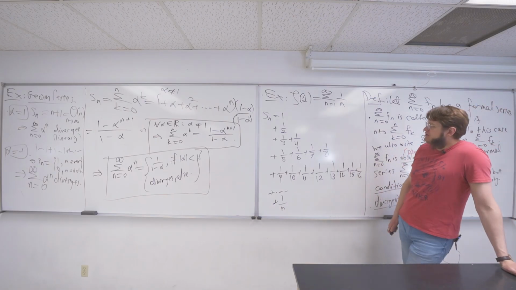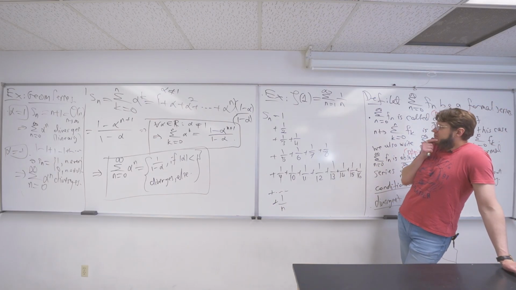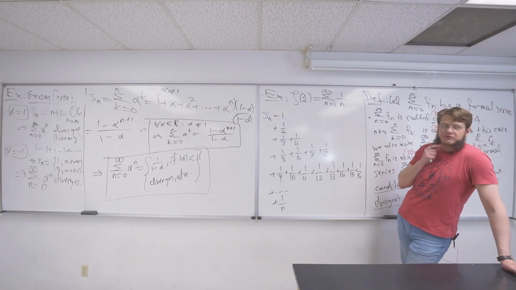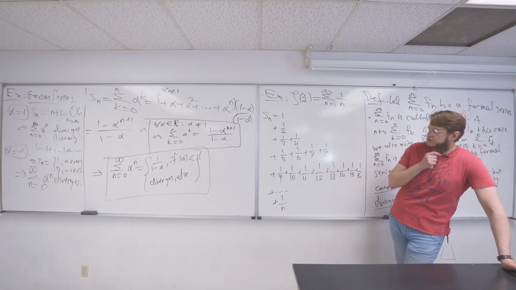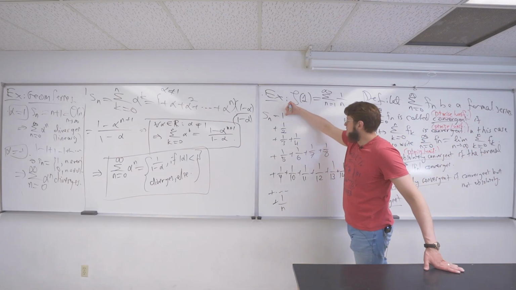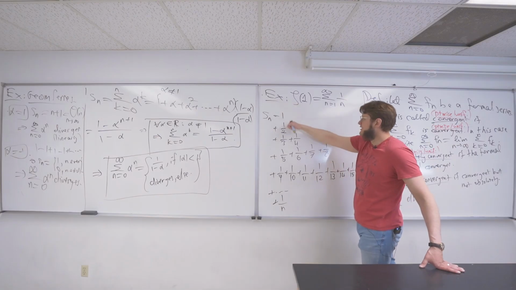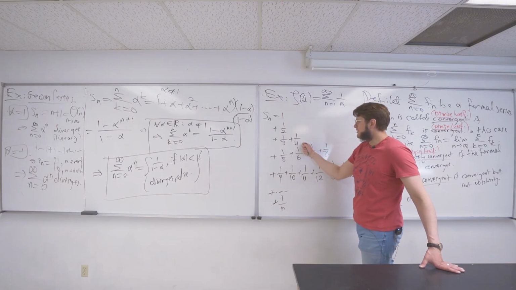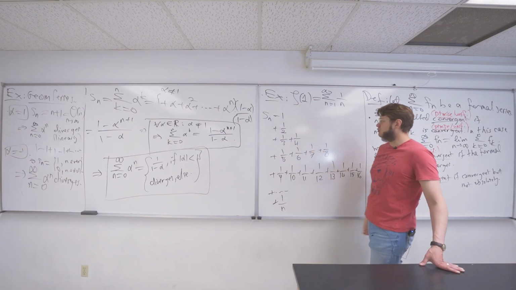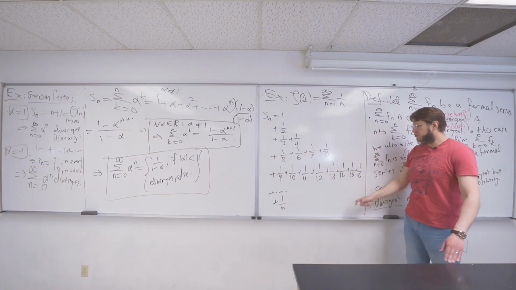So how did I separate these? Well, I separated them based on powers of 2. This is 2 to the 0, and then 1 over 2 to the 1, and then I separate until 1 over 2 to the 2, 2 to the 3, 2 to the 4, and so on.